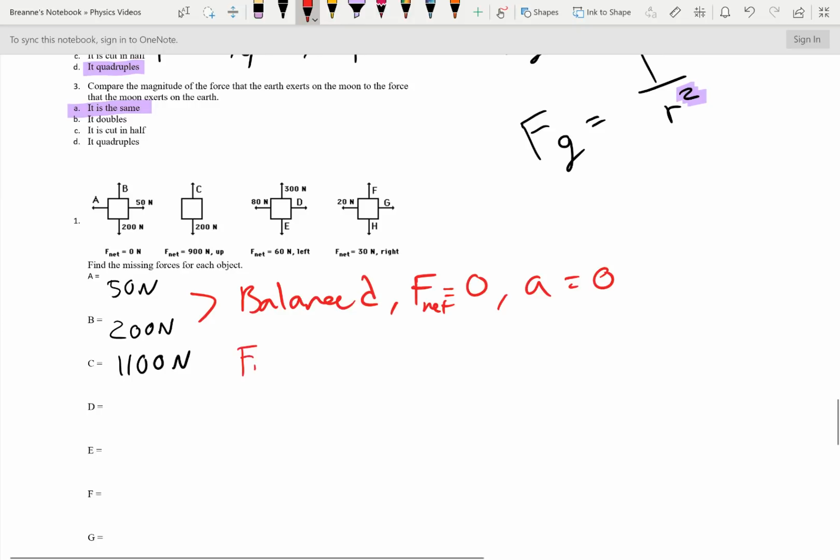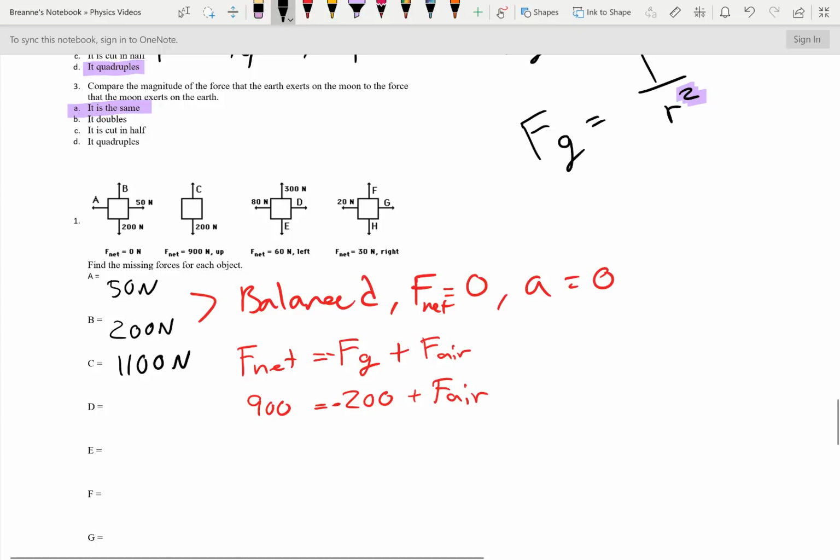Net force equals force of gravity minus force of the air, or whatever. So if your net force is 900 and your force of gravity is 200, that means your force of air has to be, that should be flipped negative-wise, okay. You have to solve for what your force of air is, and you end up getting 1100.